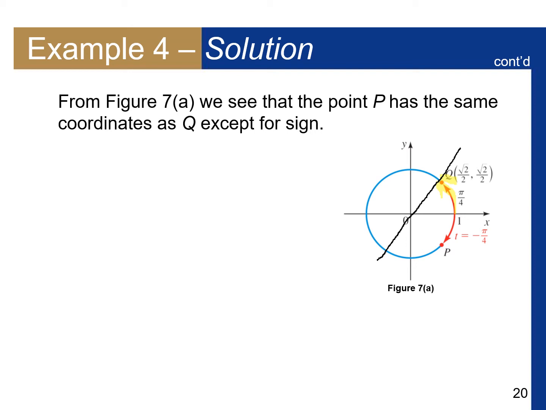We now have to start thinking about our signs. Right here is quadrant 1, hopefully you remember from your trig class in high school. This is quadrant 2, this is quadrant 3, and finally this is quadrant 4.